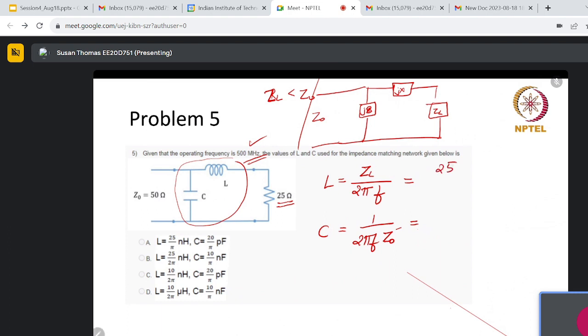ZL is 25 by 2 pi, F is 500. Answers are in nanohenry for inductance and picofarad for capacitor.